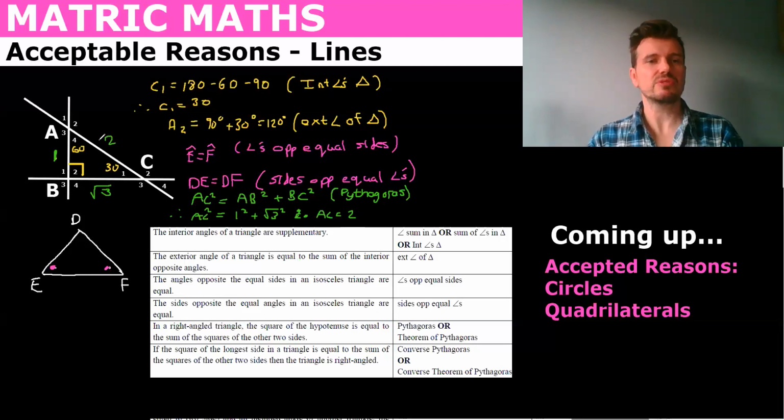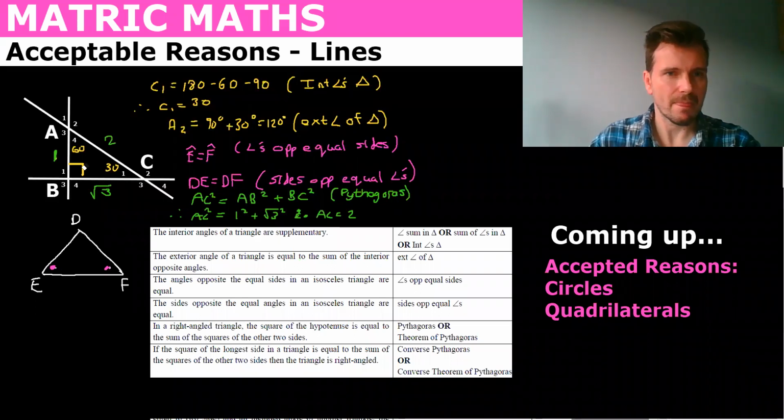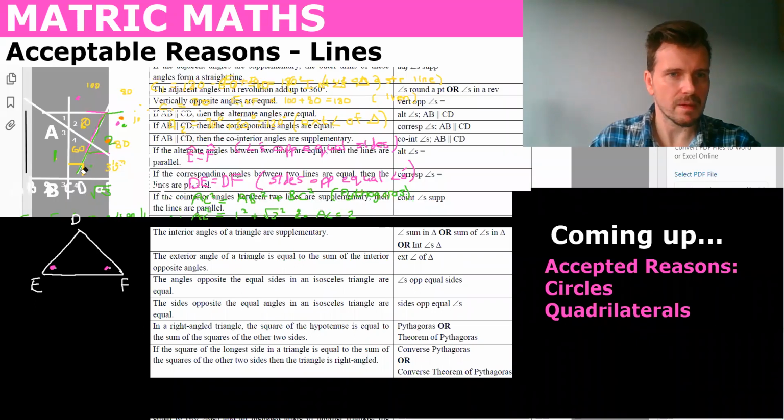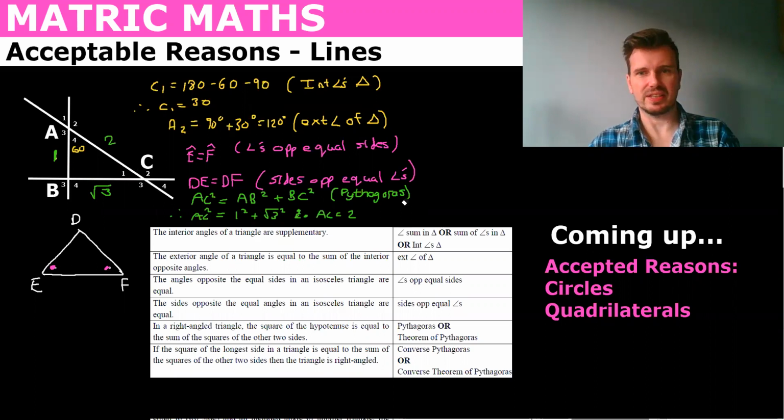And now say you weren't given that this was a right angle. So let's take away the right angle. Okay, and we'll take away the 30, so you don't know that's there either.